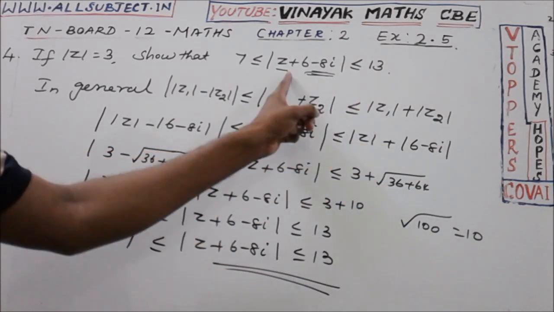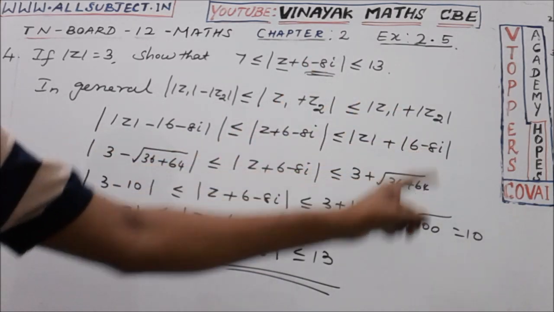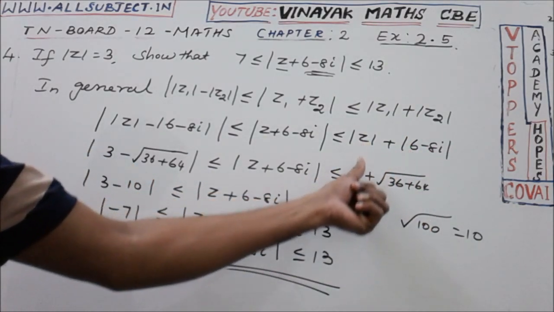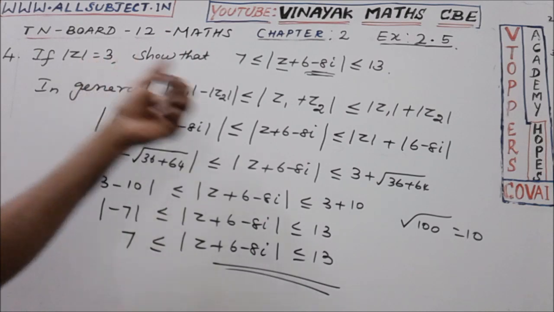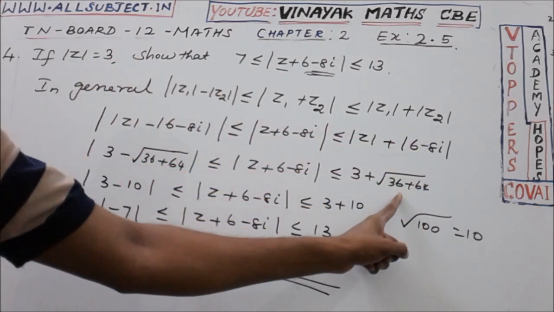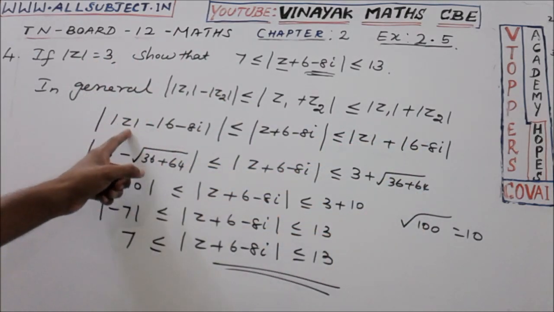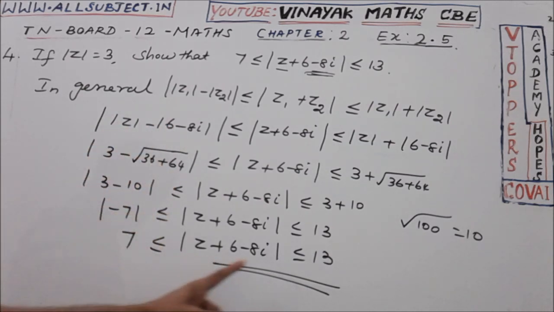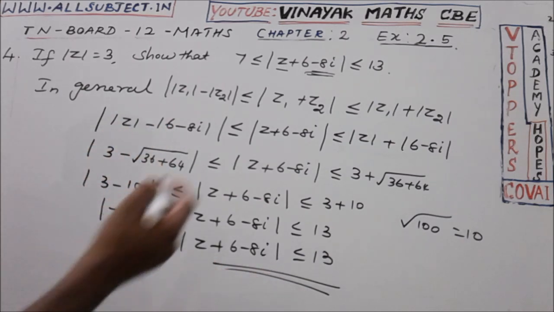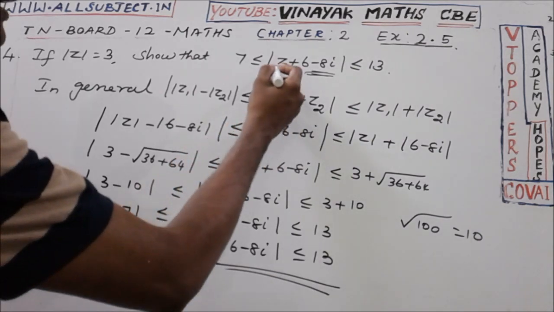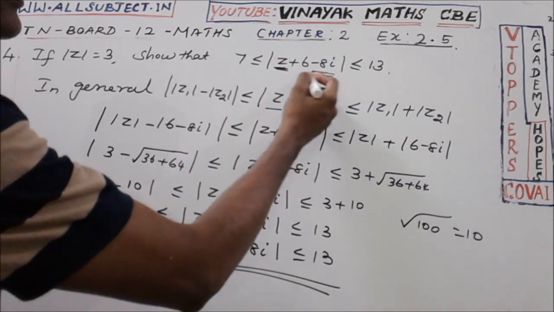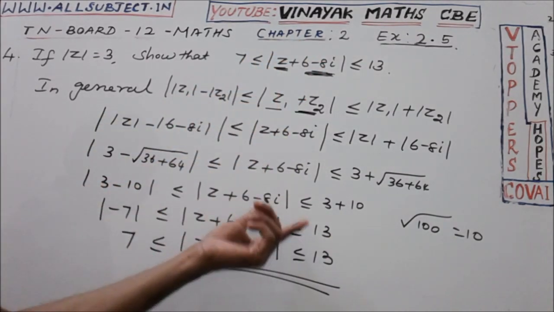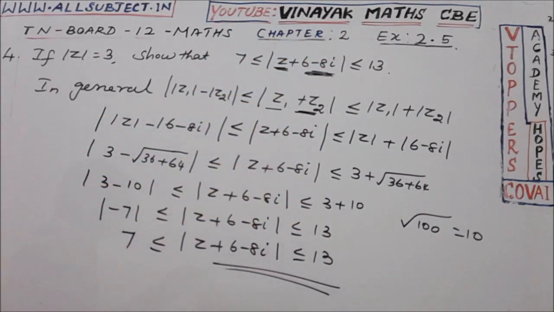Then substitute modulus z equal to 3, as given, and find its modulus. Here also substitute modulus z equal to 3 and find its modulus. Then simplify, and you will get the answer. It's very important: for z1 we have z and for z2 we have 6 minus 8i. Just substitute these and simplify, and you will get the answer.